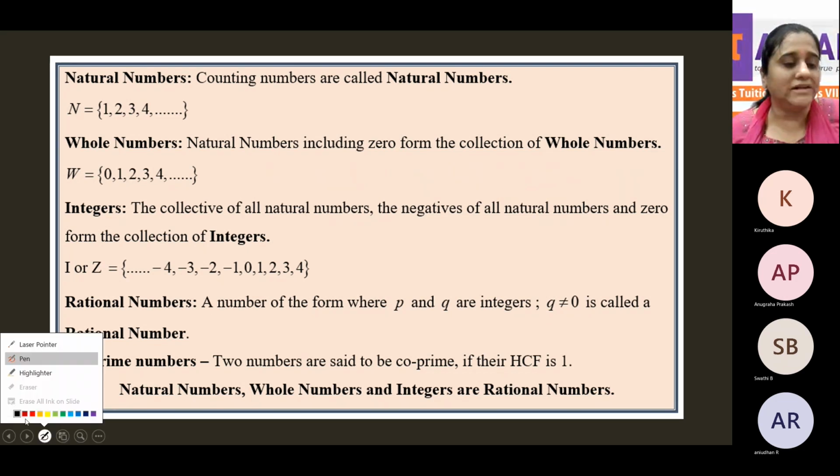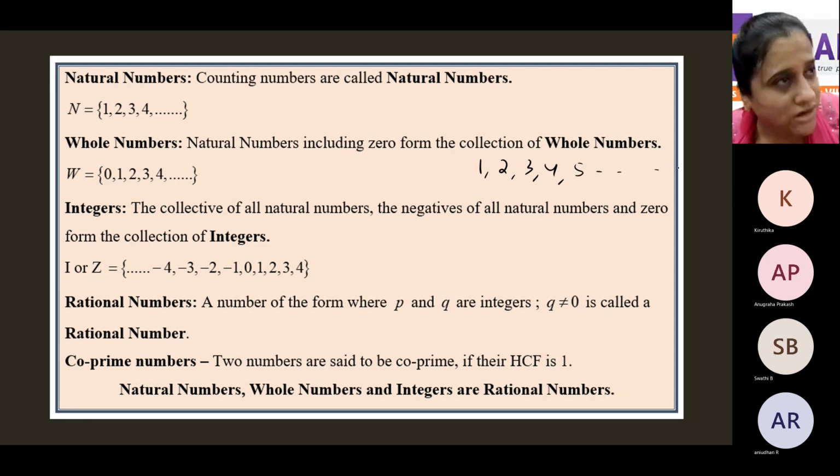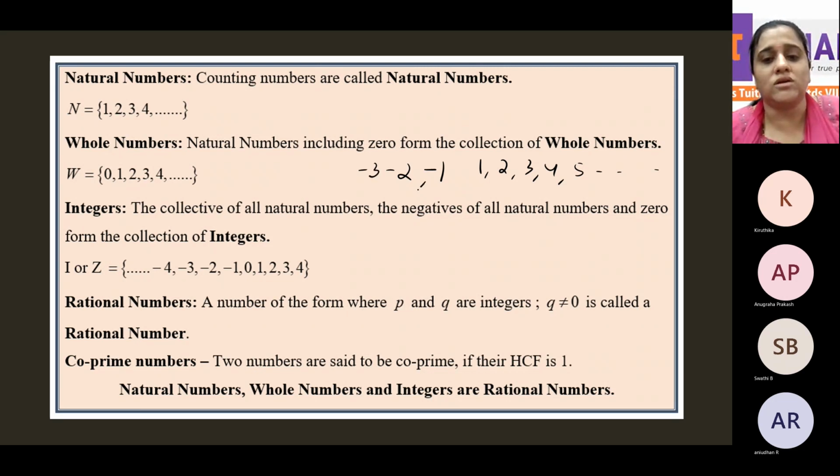So what are integers? Integers are all natural numbers, 1, 2, 3, 4, 5, goes on like that. Their negatives: the negative of 1 is -1, the negative of 2 is -2, the negative of 3 is -3, and it goes on. Including 0 forms the collection of integers.